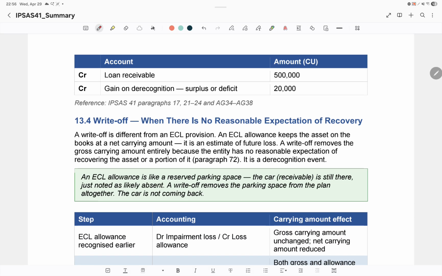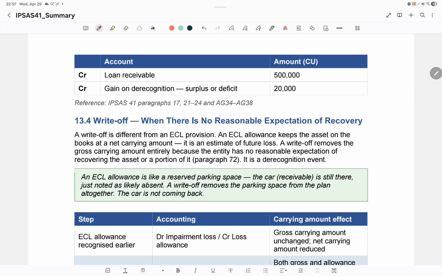Okay, write-offs. When there is no reasonable expectation of recovery, a write-off is different from an ECL provision. An ECL allowance keeps the asset on the books at a net carrying amount. It is an estimate of future loss. A write-off removes the gross carrying amount entirely because the entity has no reasonable expectation of recovery.